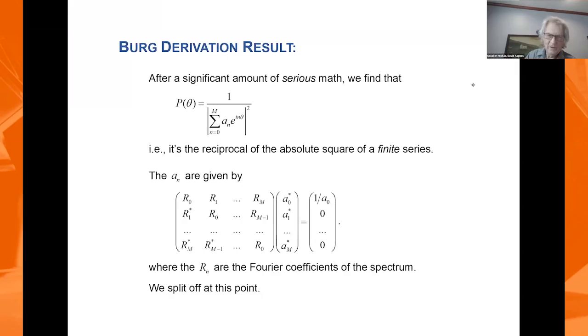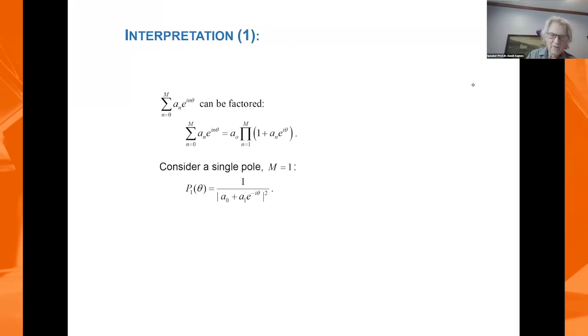The coefficients of your r's, your complex Fourier coefficients, multiplying this vector of coefficients a is equal over here. You can solve this, and when you get done with it, you get a result that looks like this. P of theta ends up looking like a product of absolute squares of simple poles, okay?